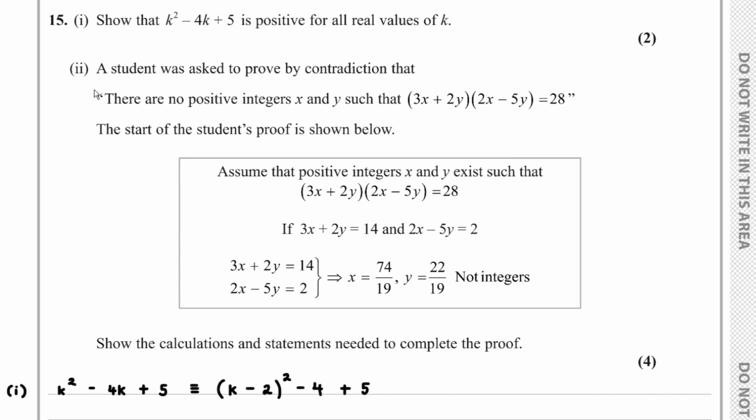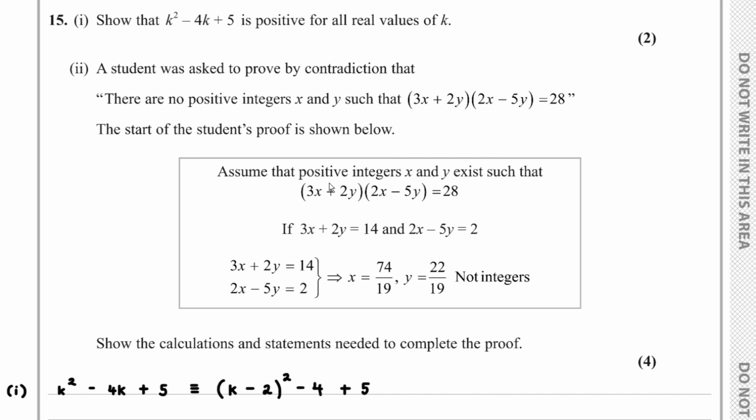For the second part, a student was asked to prove by contradiction that there are no positive integers x and y such that 3x plus 2y multiplied by 2x subtract 5y equals 28. The start of the student's proof is shown below.